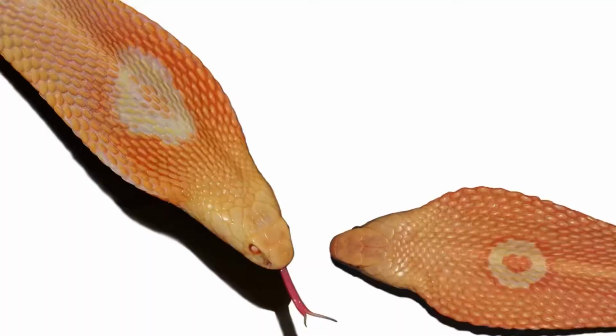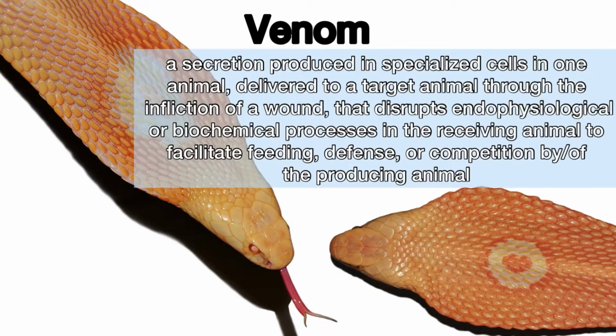So what is venom? The definition of venom is a secretion produced in specialized cells in one animal. It's delivered to a target animal through the infliction of a wound that disrupts endophysiological or biochemical processes in the receiving animal to facilitate feeding, defense, or competition by the producing animal.